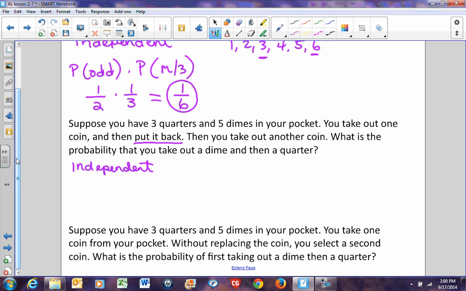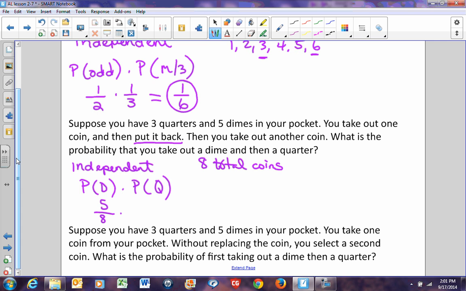So this would simply be the probability of pulling out a dime and then a quarter. So I need the probability of a dime times the probability of a quarter. Okay? So there are 8 coins total, 8 total coins. So the probability of pulling out a dime, there are 5 dimes, so 5 out of 8.